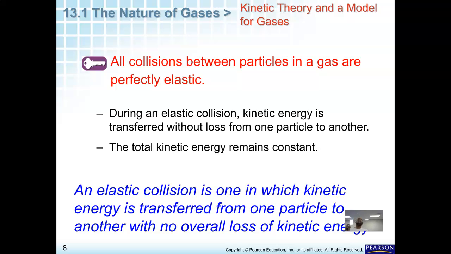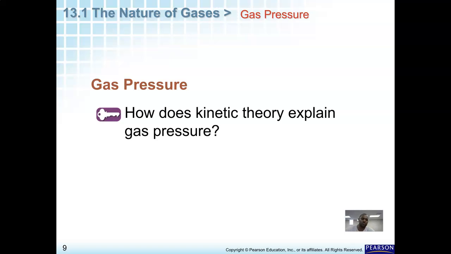So an elastic collision is one in which the kinetic energy is transferred from one particle to another with no overall loss of energy. Kinetic energy cannot be lost during elastic collisions, or during the collision between gas particles.